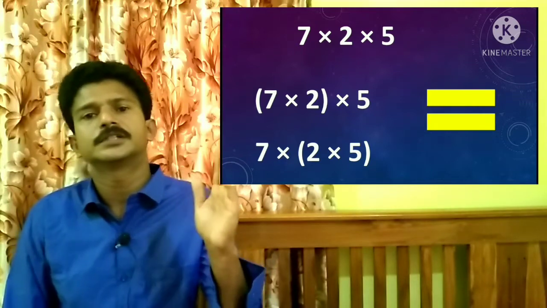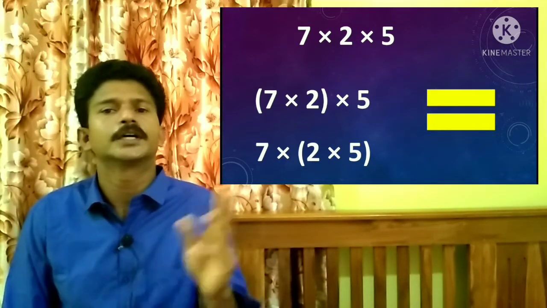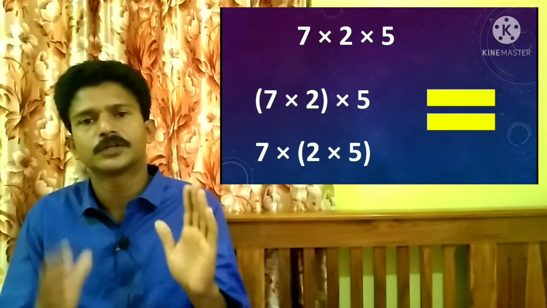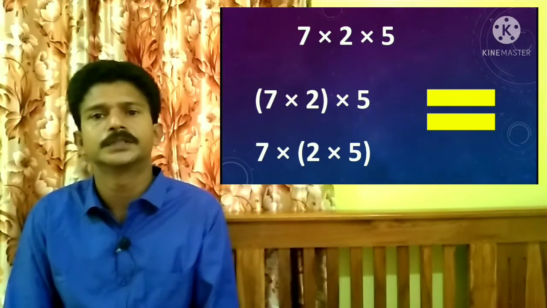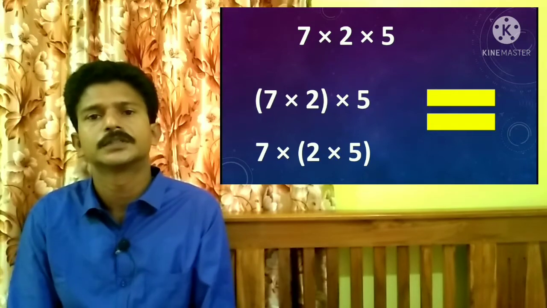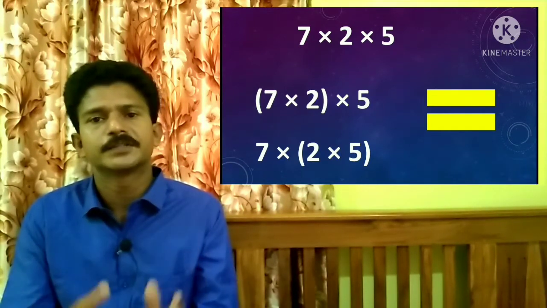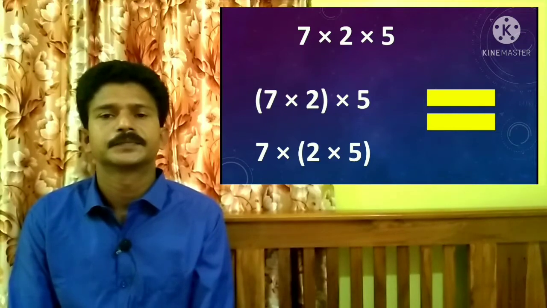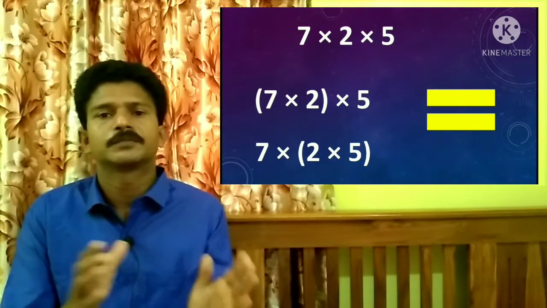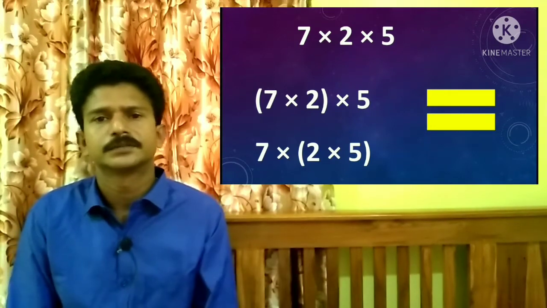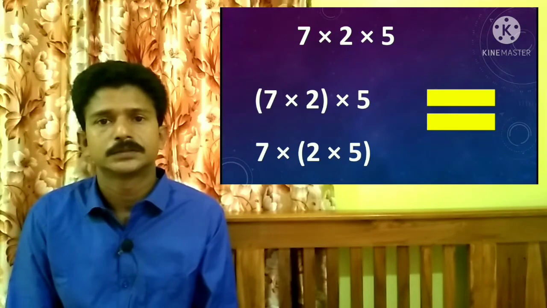So 5 and 2 join here. They are in a group. Now we can multiply 2 and 5 inside the bracket. They are in a group. They are associated, so they are in the same association, we can say. After multiplying 2 and 5, we can multiply with 7. We get a result. Are they the same? Yes, they are equal.